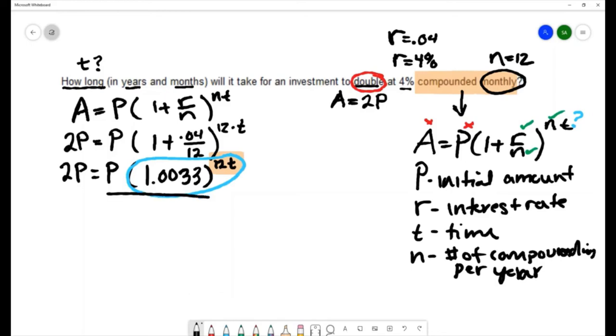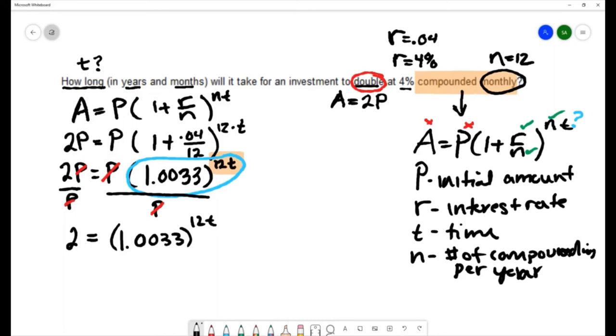To isolate it, I would divide both sides by P. That cancels out the P's on the left and on the right, leaving me with 2 equals 1.0033 to the 12t.